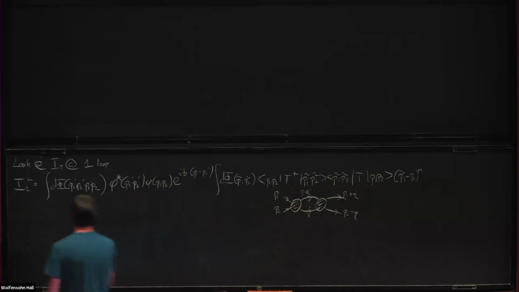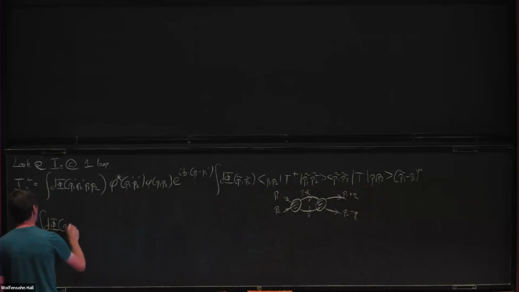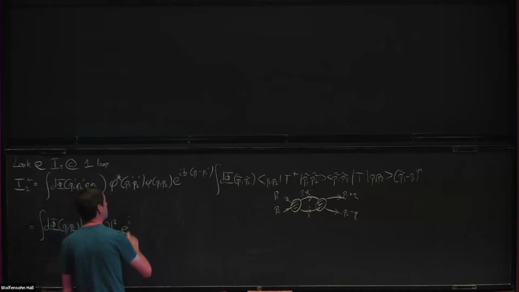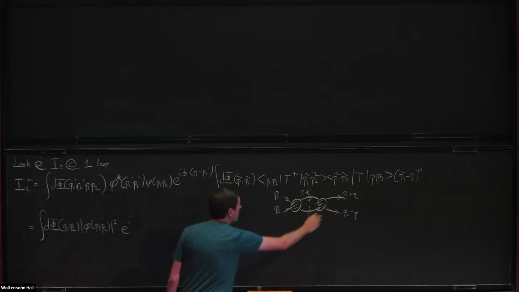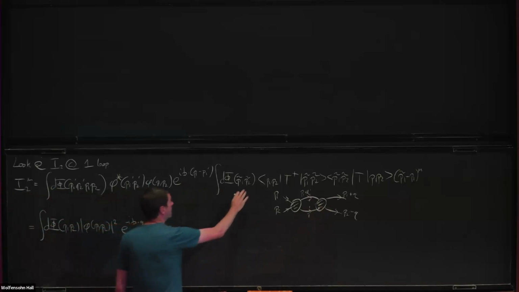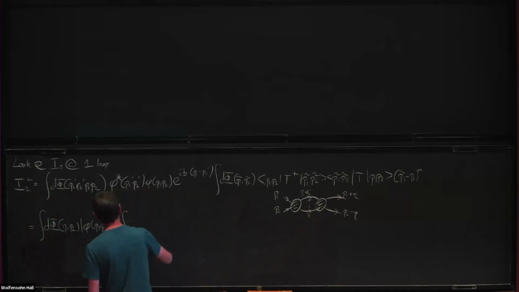So then that'll be the P1, P2 integral left over. These wave function factors are going to just become squares. And e to the iB now will be e to the minus i B dot Q. Well, I'll need an integral over Q to make that sensible.